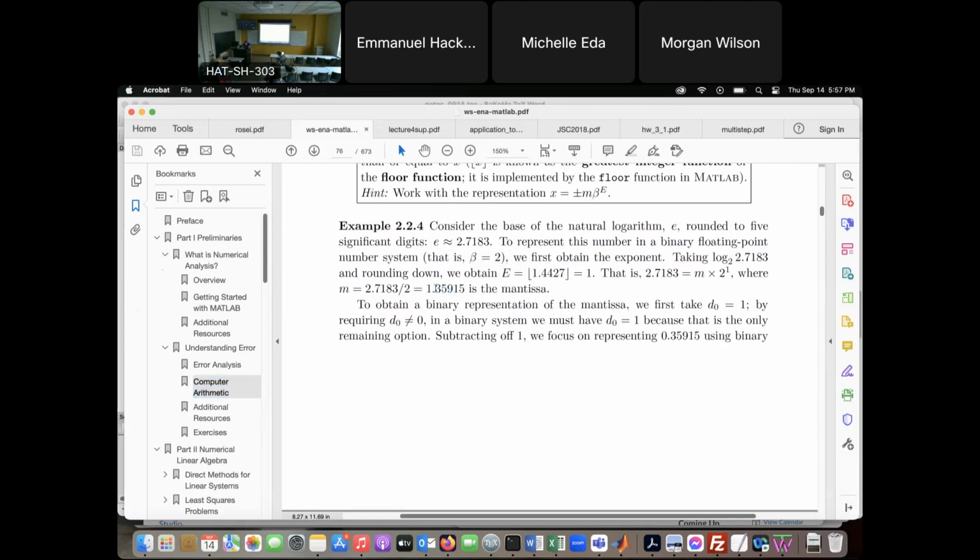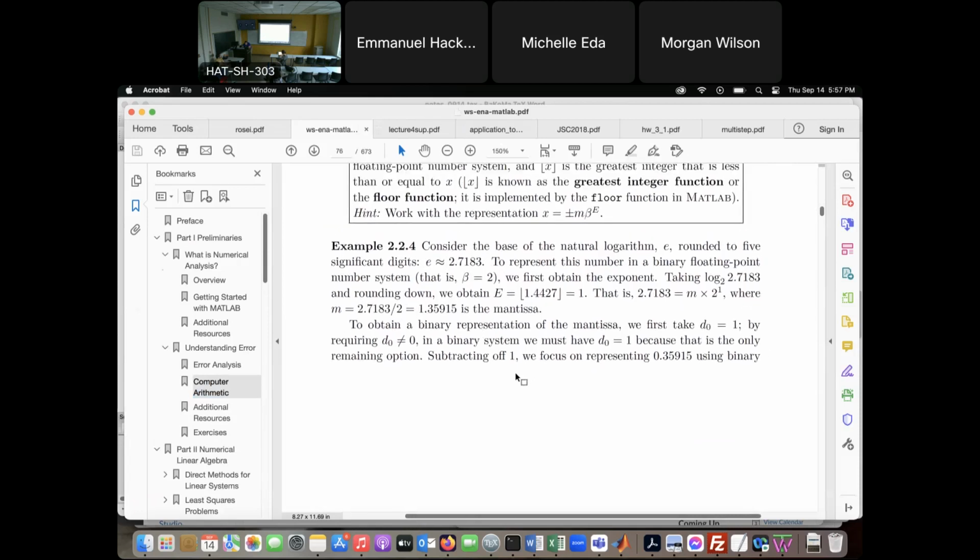Now, this digit to the left of the decimal point is called D naught. That's equal to 1, so I just go ahead and take that. Okay, and then I subtract it off. Now I have this number that I want to represent in binary.